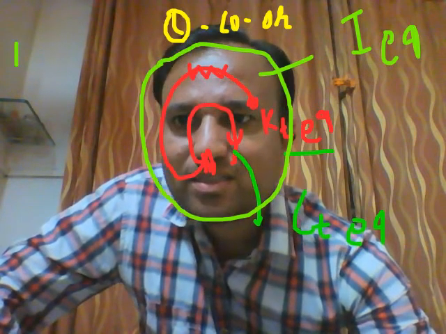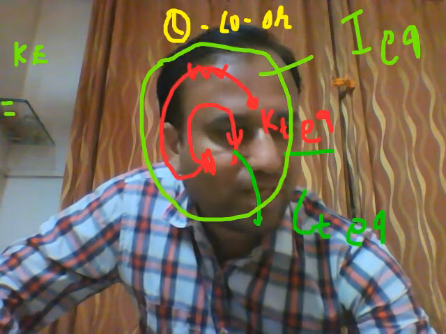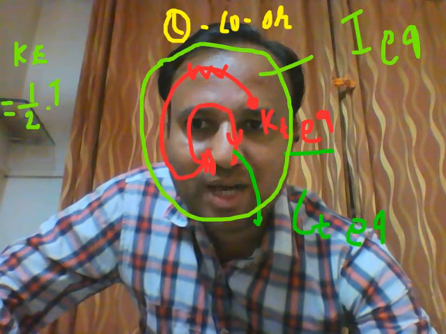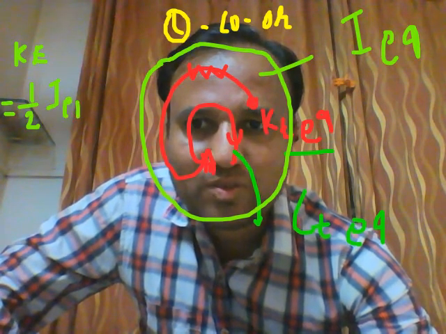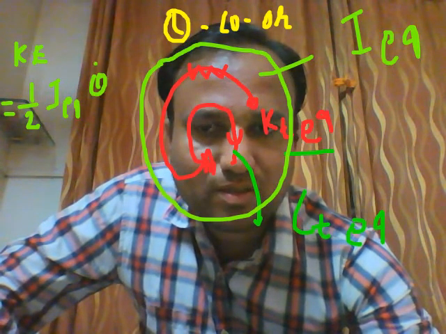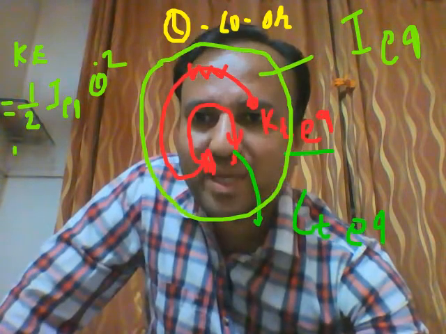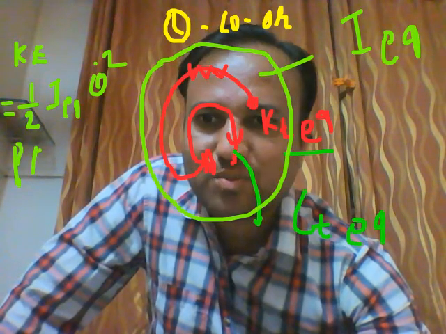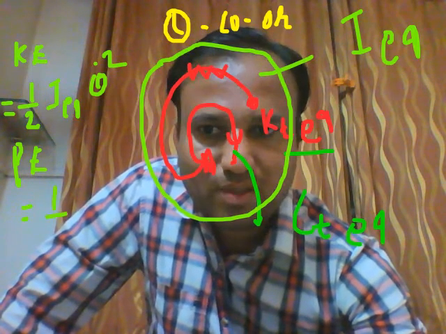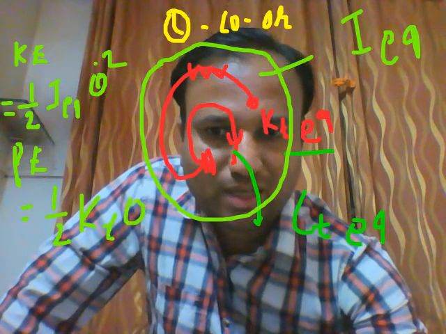Kinetic energy, how will you calculate it? 1/2, M is replaced by I equivalent, so 1/2 I equivalent into theta dot square; x dot is replaced by theta dot. How will you calculate, student, the potential energy of the system? Same, 1/2, K is replaced by KT, x is replaced by theta, so 1/2 KT theta square.